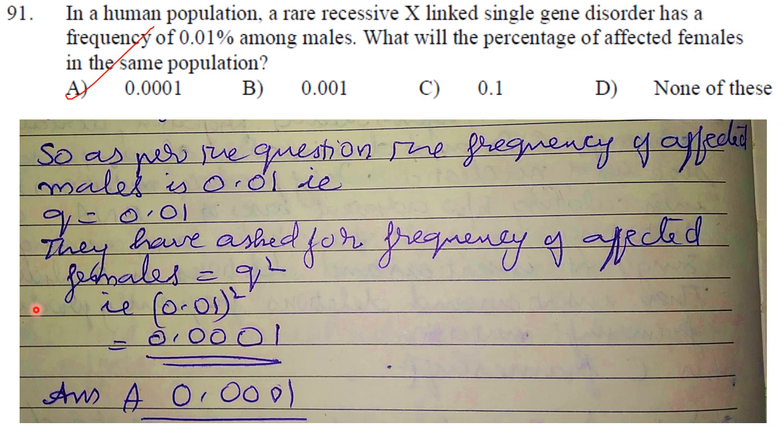So as per the question, the frequency of affected males is 0.01. So q is 0.01. They have asked for the frequency of affected females, that is q square. So 0.01 square will be the answer. Answer is option A.